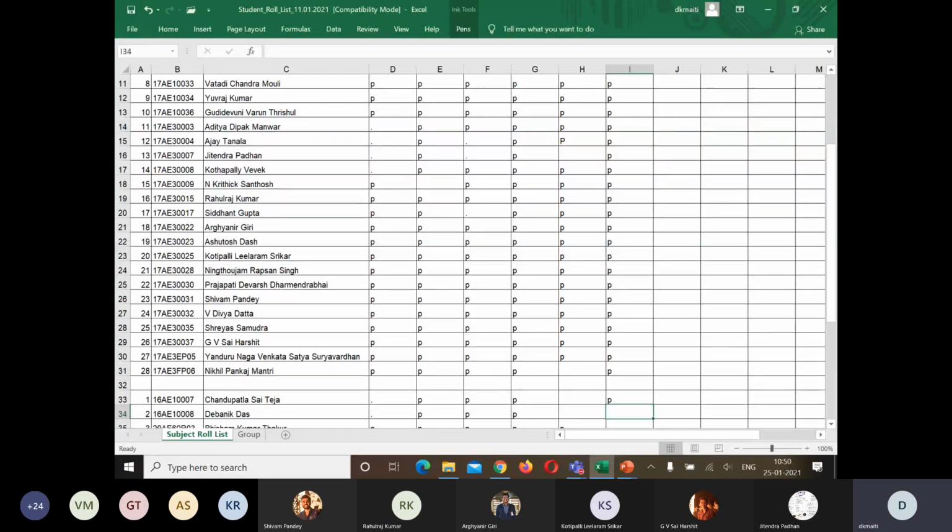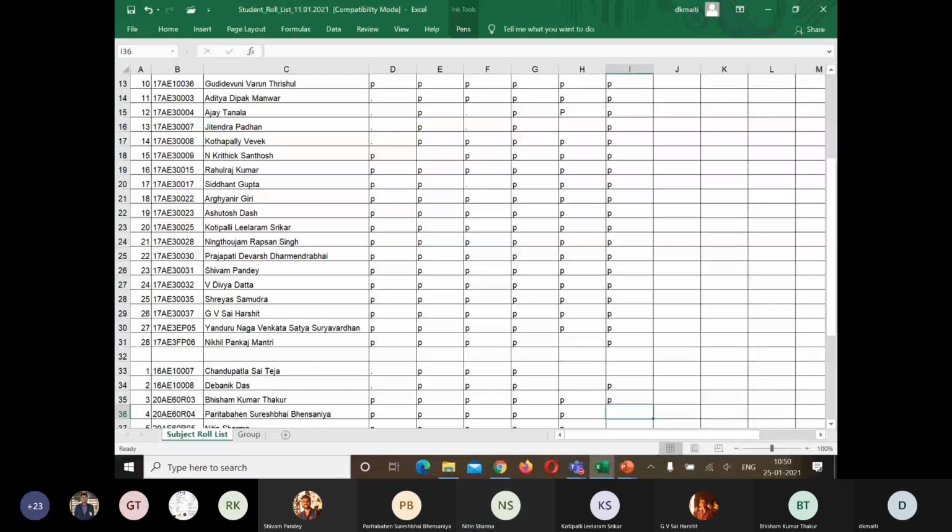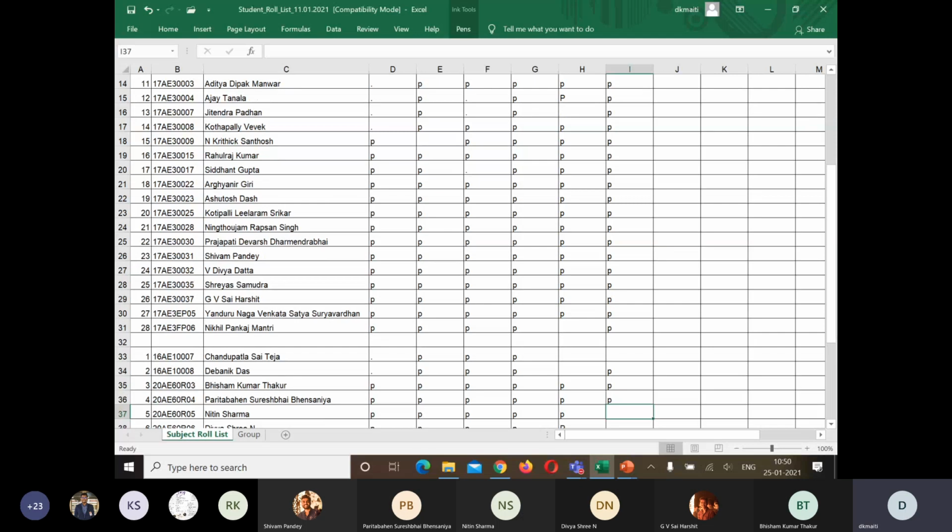Bhisham Kumar Thakur, present, sir. Purita, yes, sir. Nitin Sharma, present, sir. Divya Sri, present, sir. Kesrinath Chaudhary, yes, sir. Vignesh, yes, sir.